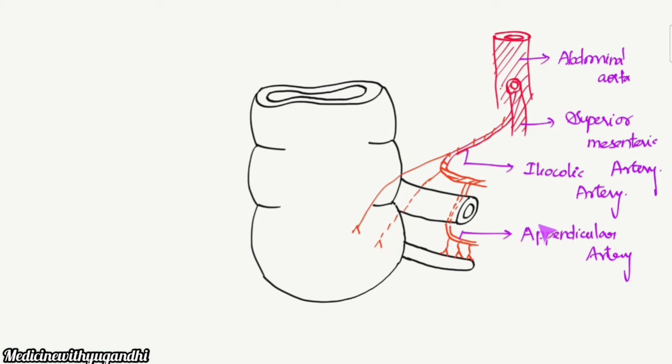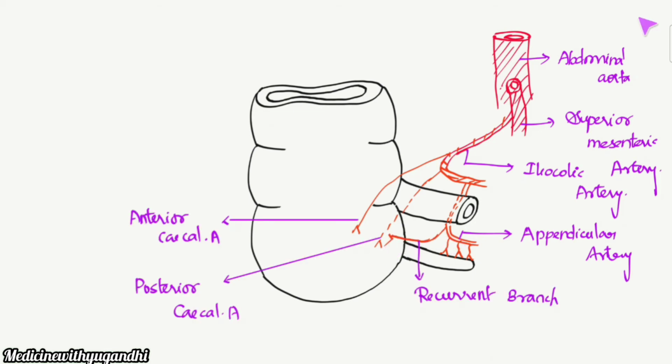This appendicular artery in turn gives a recurrent branch which anastomoses with the posterior cecal artery. So once again I am repeating, this ileocolic artery in turn gives two branches. One is the anterior cecal artery for the anterior surface of the cecum and the posterior cecal artery for the posterior surface of the cecum. This appendicular artery in turn gives another branch called the recurrent branch which anastomoses with the posterior cecal artery.